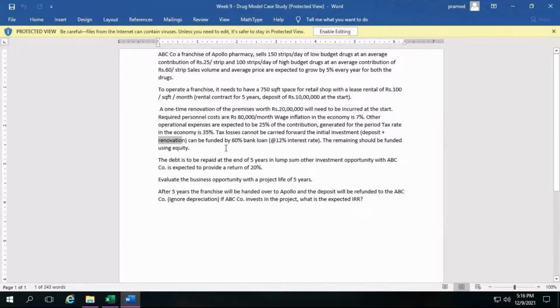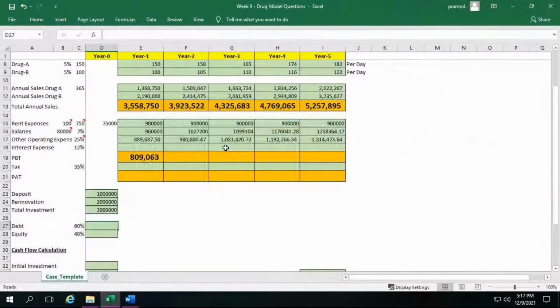To find the debt, they have told the percentage and have not given the months or anything. So debt equals my total investment into the percentage they have told me, which is 60 percent. So 18 lakh it is taken.